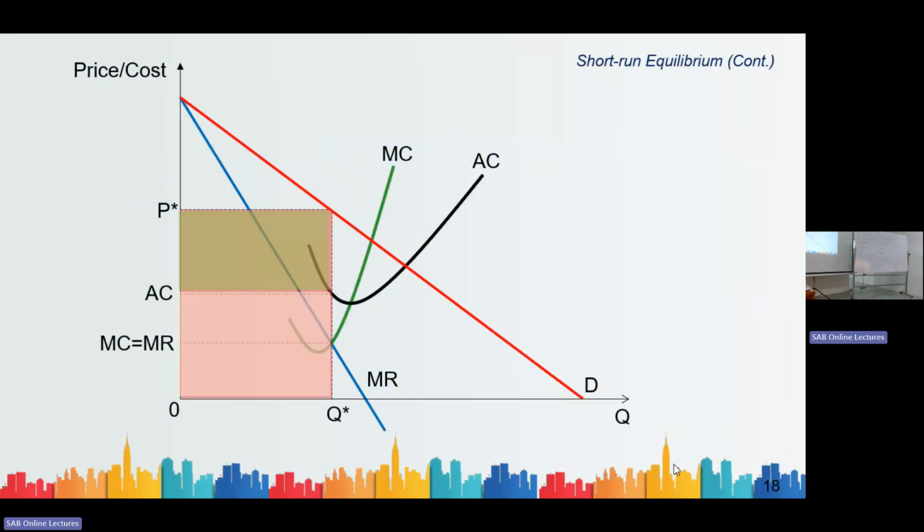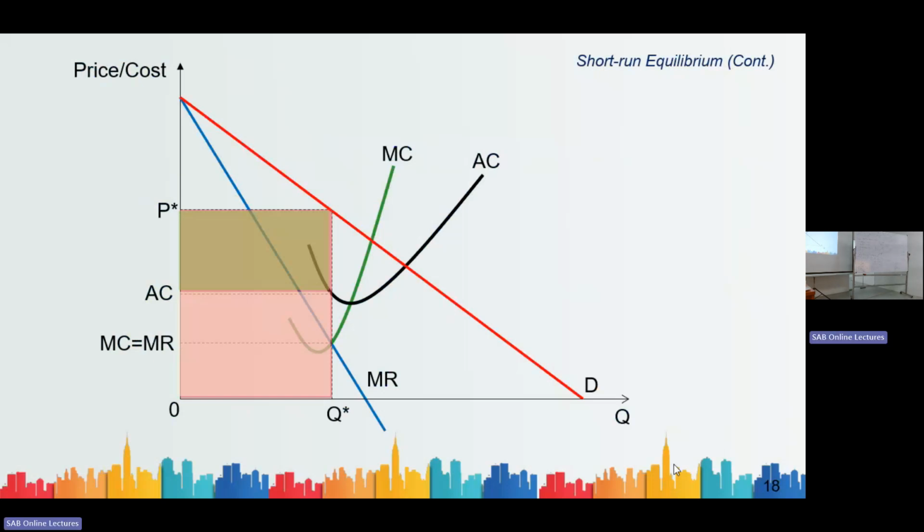And then find the maximum profit. It's easier. We know the profit maximizing output level, we know the profit maximizing price, then you can easily calculate the total revenue at profit maximizing output level.